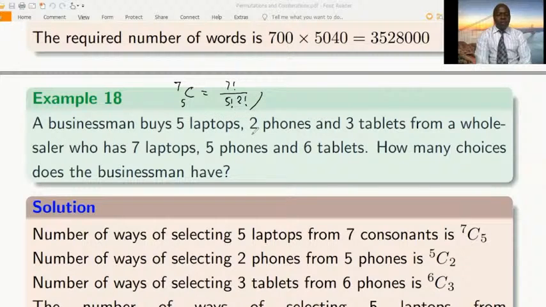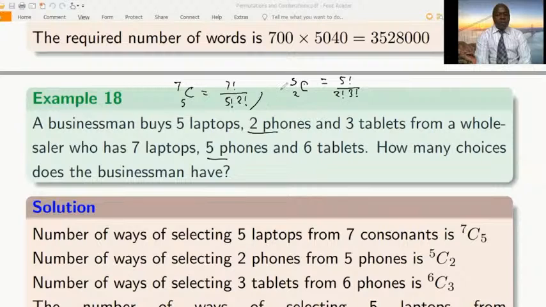And then you also want to buy 2 phones out of 5. So it will be combination of 5, 2. And that will be 5 factorial over 2 factorial times 3 factorial. We now got 3.